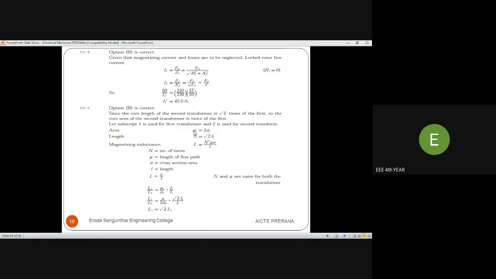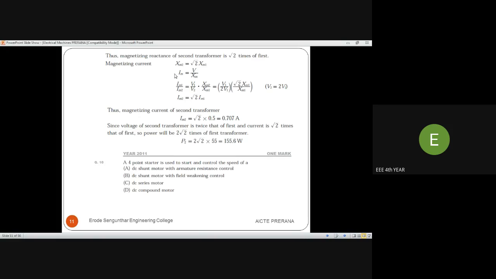The core length of the second transformer is root 2 times that of the first transformer. Then the core area of the second transformer is twice that of the first transformer. So finally L2 equals root 2 times L1. Similarly Xm equals root 2 times X1. Similarly Im2 equals root 2 times Im1.